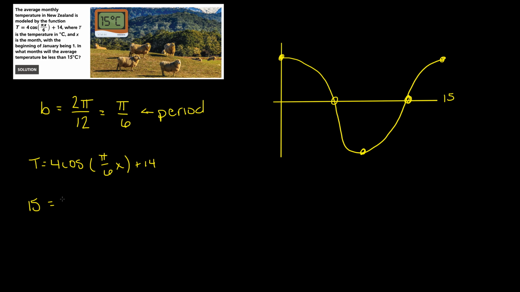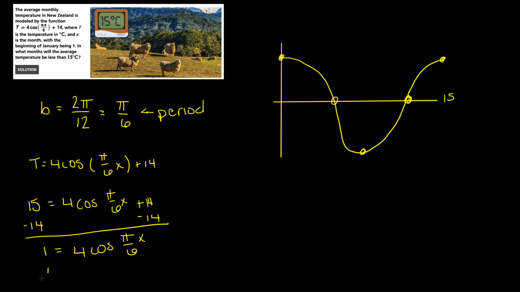All right, so this is 4 cosine pi over 6 x plus 14. I'm going to subtract the 14. That says 114, I didn't mean to write 114. We're going to subtract the 14 from both sides. 15 minus 14 is 1 equals 4 cosine pi over 6 x.